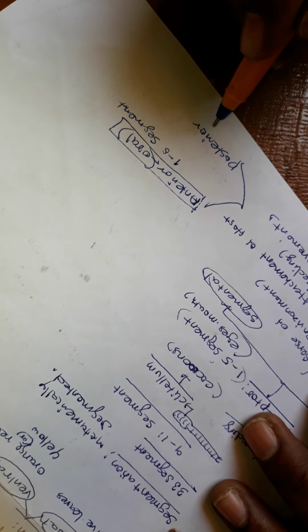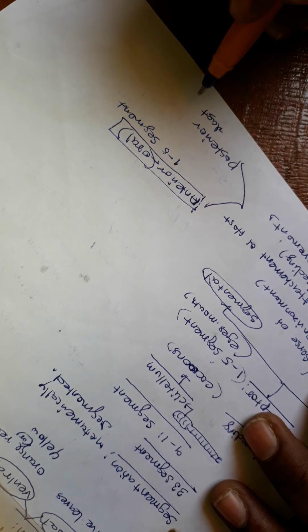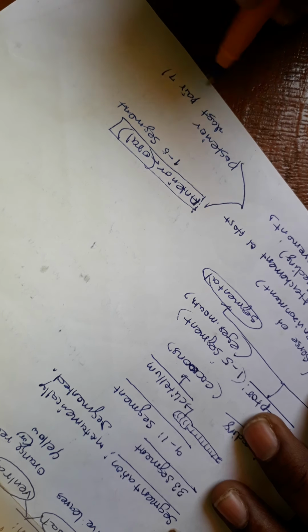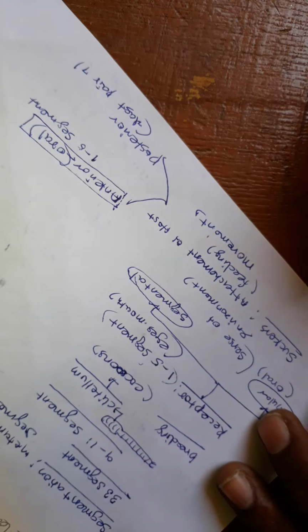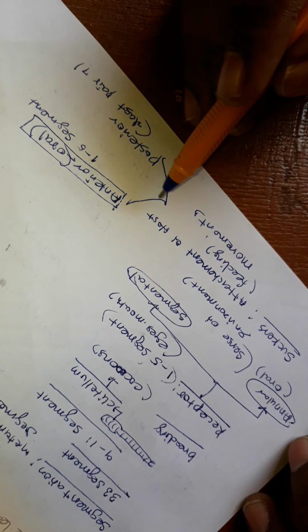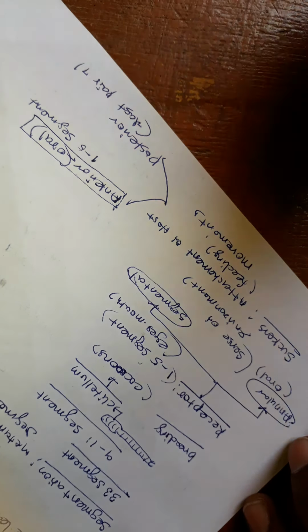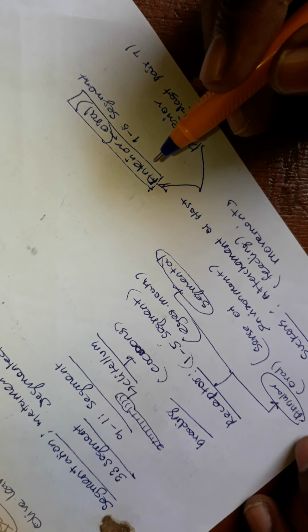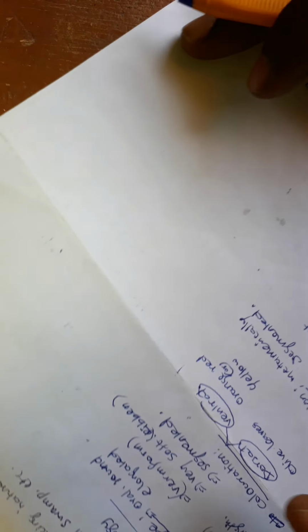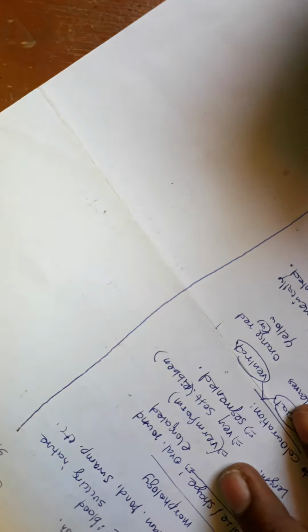The ventral sucker is formed by the last pair of the 7th segment. Generally, these suckers help in attachment and also in sucking blood from the host. Okay. Next, we move to another.